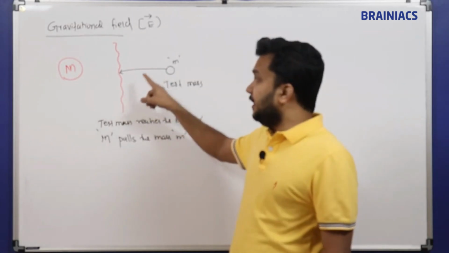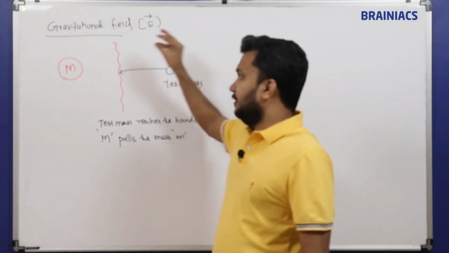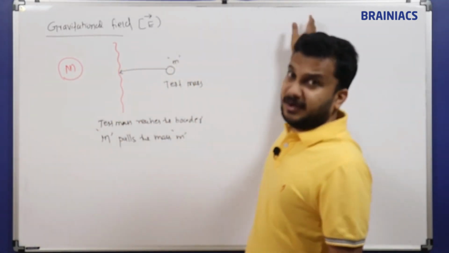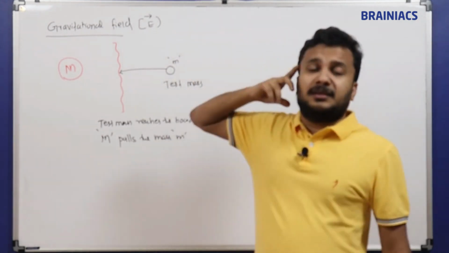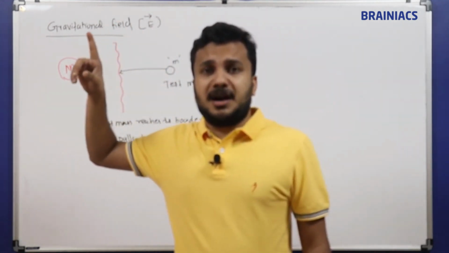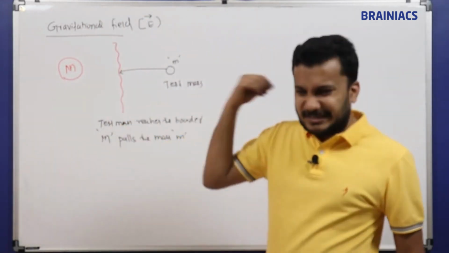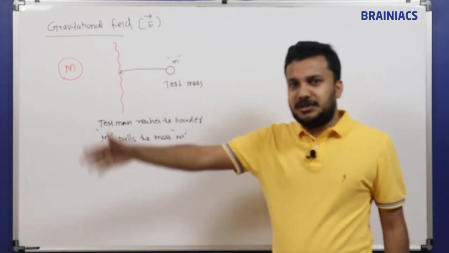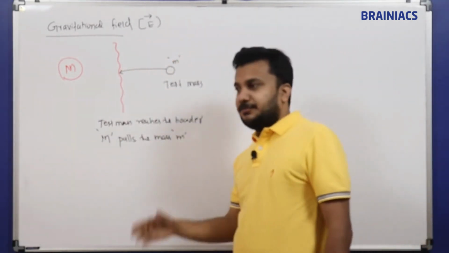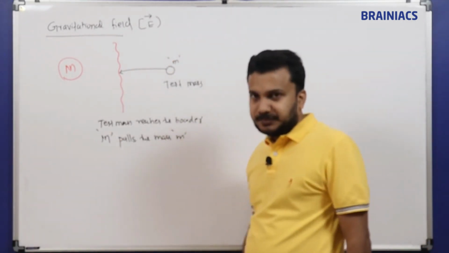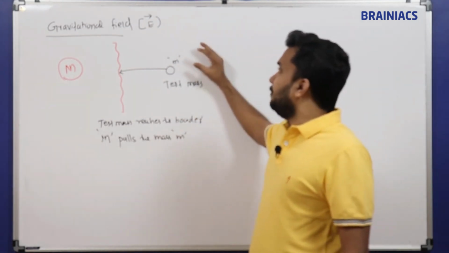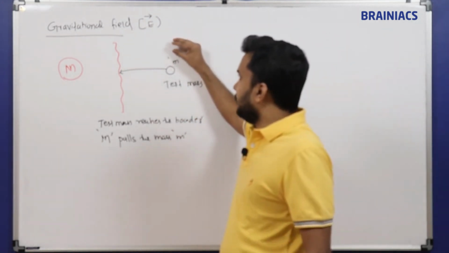If any body is very far away, then F is equal to G M1 M2 by R square. R is too much bigger, F is very low. Very low means negligible. If R is kilometers and kilometers away, then F is negligible. But whenever you are bringing some mass slowly, your test mass will be here.